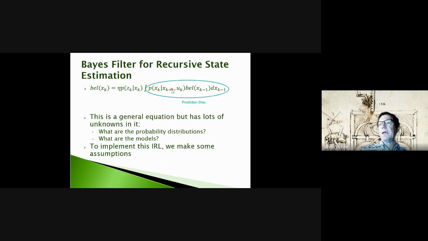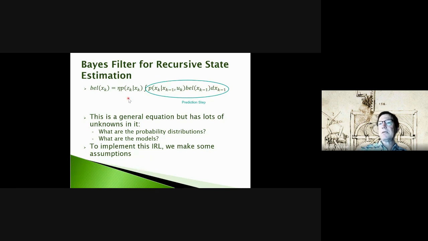So now we can see this is our prediction step. We have this prior belief of where we were. There's some level of uncertainty, but that's our belief of where we were. Now we're going to step that, and then we're integrating, so we're considering all these different potential beliefs.